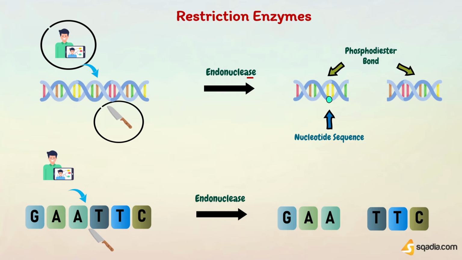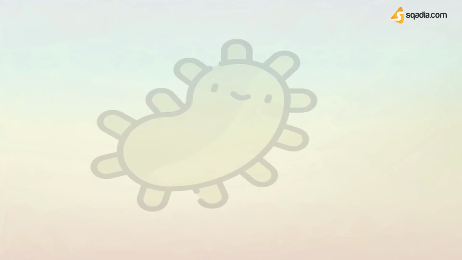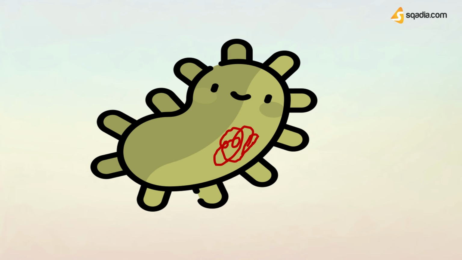Moving forward, bacteria have a chromosome, called the bacterial chromosome, or bacterial genetic material. If a foreign agent, such as a virus called a phage, enters and attacks bacteria, it delivers its genetic material into the bacterial cell.